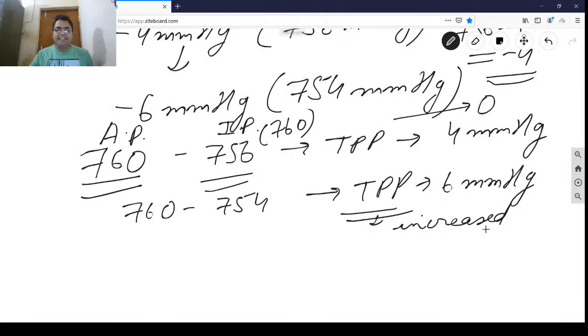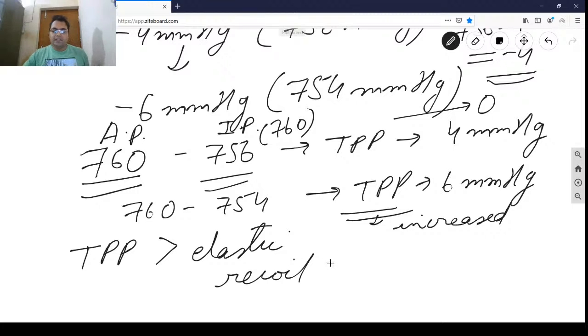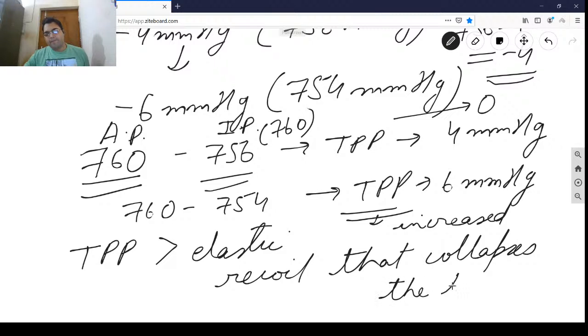Now 6 mmHg of TPP will be more than the elastic recoil that collapses the lung. Earlier it was equal, so the lung was neither collapsing nor expanding. Now it is more than the elastic recoil, and therefore the lung would expand more and more as a result.